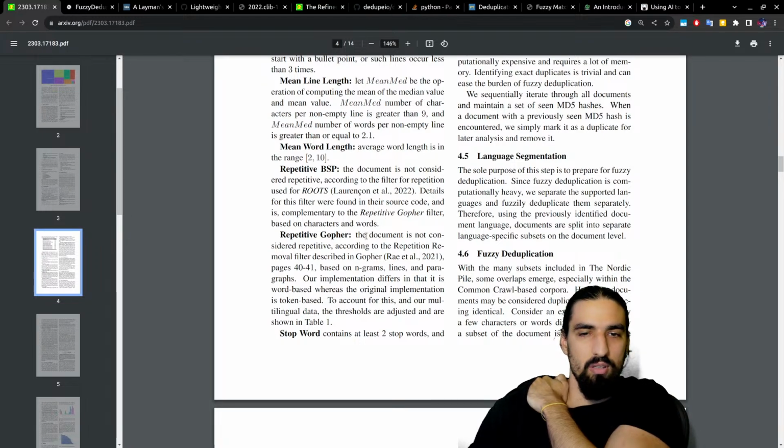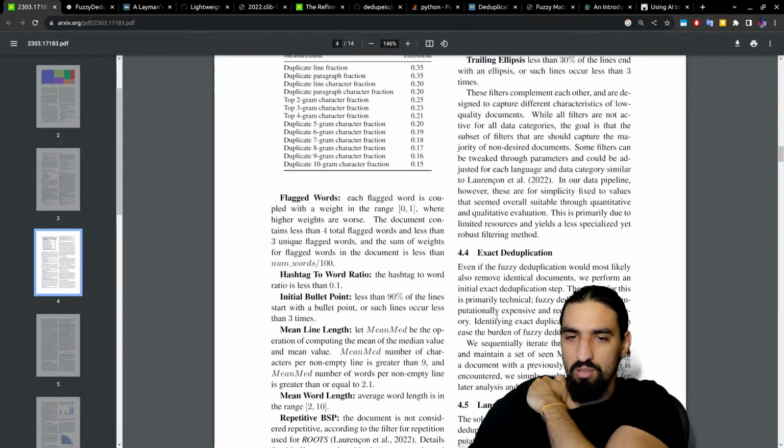The document is not considered repetitive according to the repetition removal filter described in Gopher based on n-grams, lines, and paragraphs. Our implementation differs in that it is word-based, whereas the original implementation is token-based. To account for this, in our multilingual data, the thresholds are adjusted and are shown in table 1. Stop word contains at least 2 words.